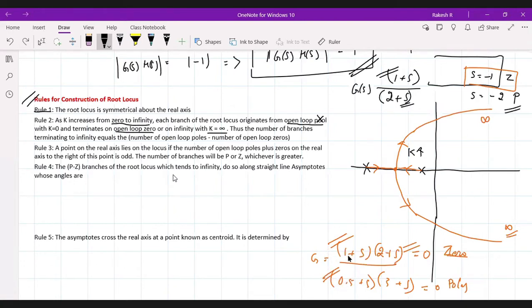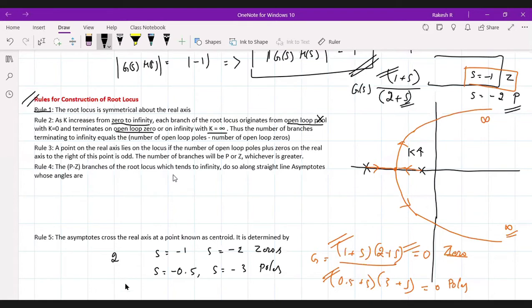Let us take this question itself. How many poles do we have? In the denominator, the poles are s = -0.5 and s = -3. In the numerator, we have s = -1 and s = -2, so these are the zeros.